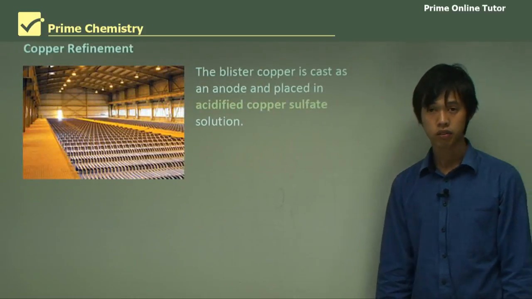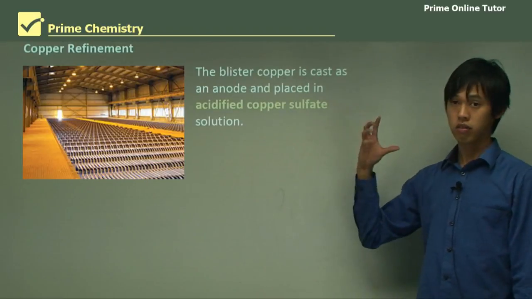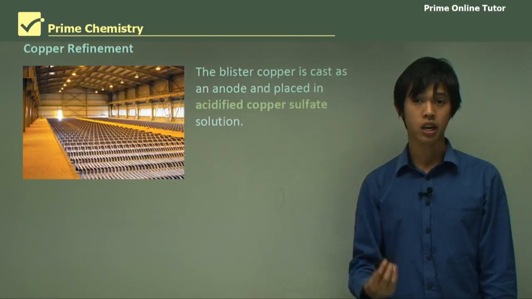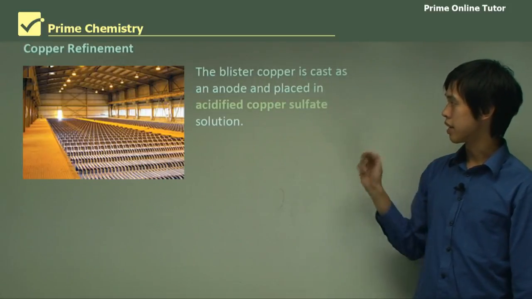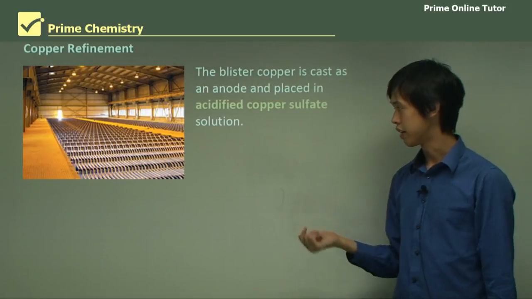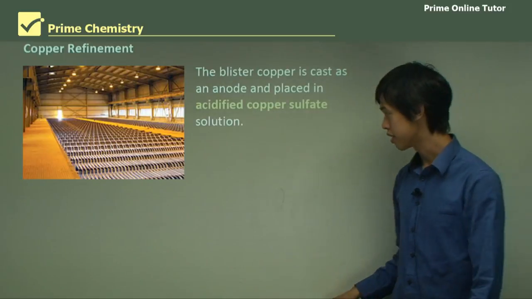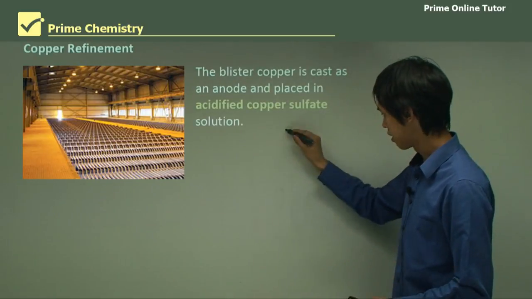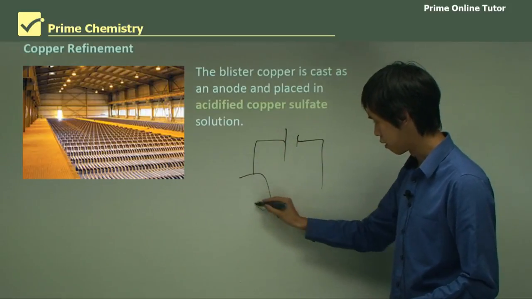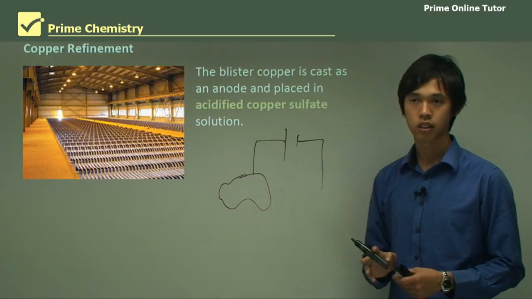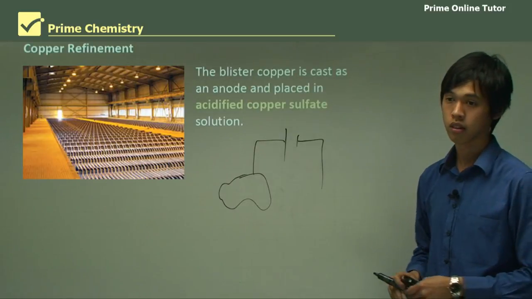Okay, and then finally, we refine it. If we want even purer than 98%, we can get there. The blister copper is cast as an anode and placed in an acidified copper solution. All that means is, you've got a power supply here, and your blister copper sits there as the anode.